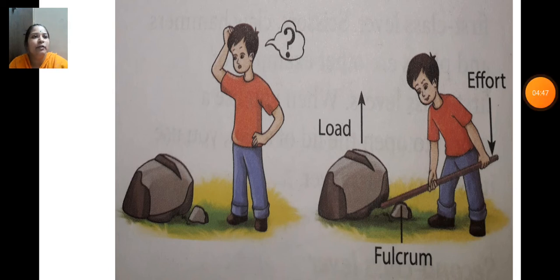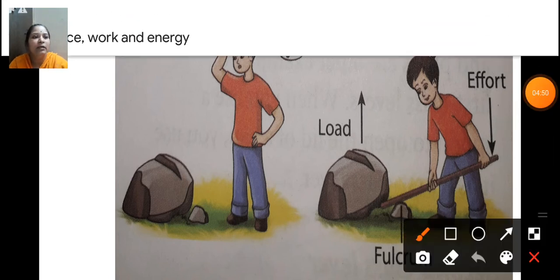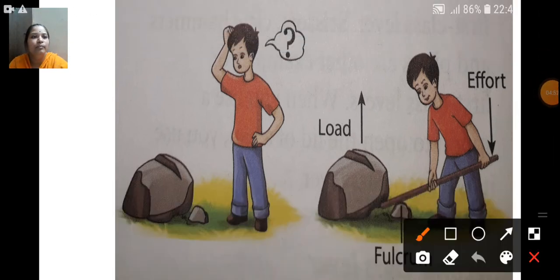Now see children, here it is marked in this picture. The stone or the boulder is called the load. And the smaller stone is called the fulcrum. The smaller stone, with the help of the rod, is helping to move the bigger stone or the boulder.